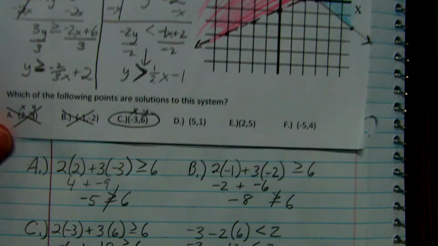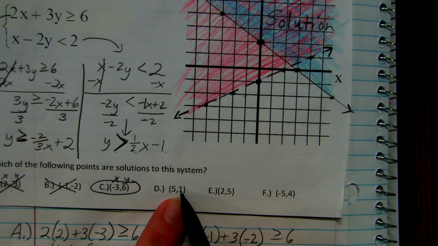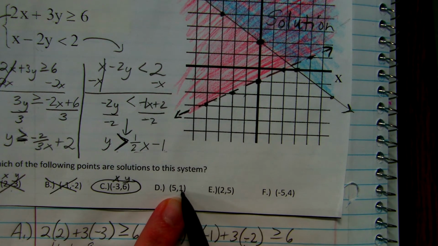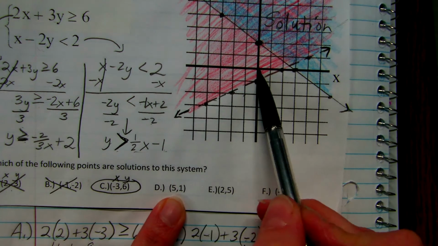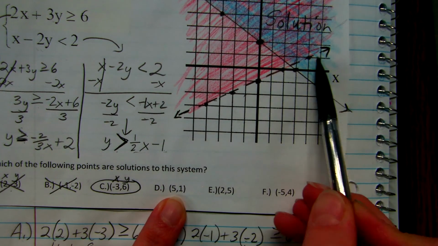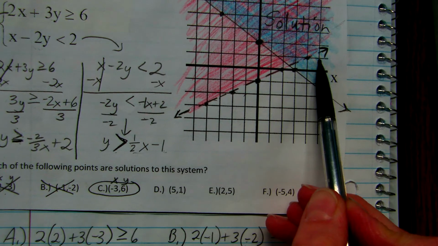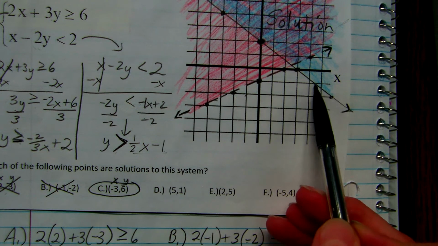So let's go over to D. D says 5, 1. If I'm starting at the origin, where is 5, 1? Right 5 and up 1. So I look like I'm in the blue, but not the red and the blue. So it's probably going to work on the first one, but not the second one.